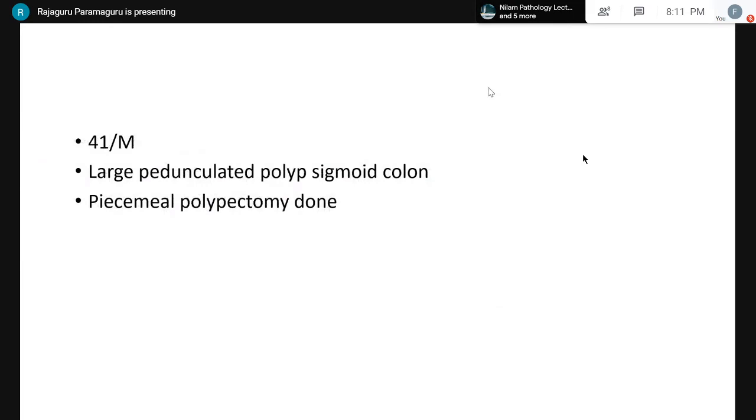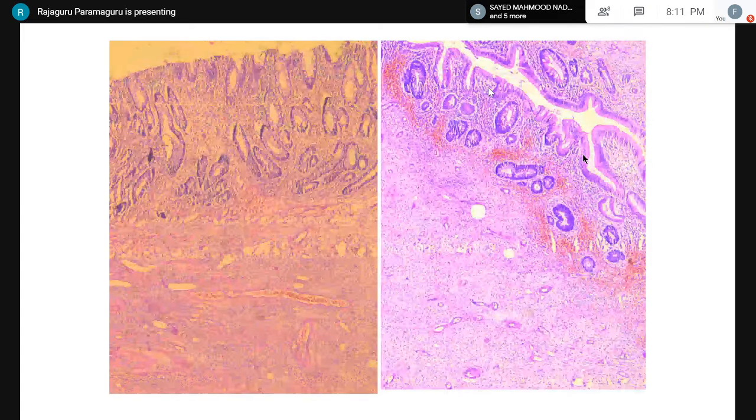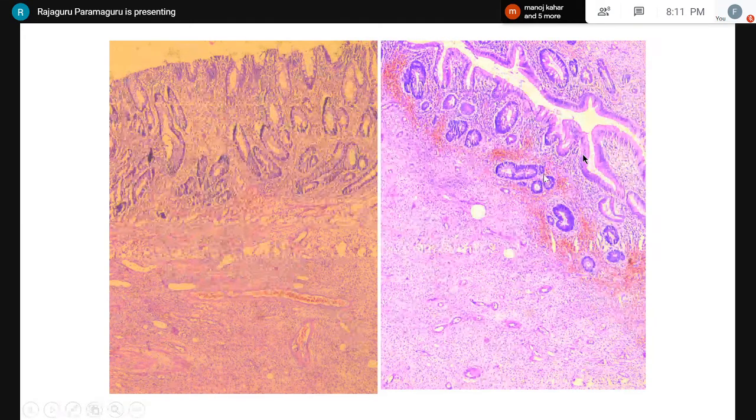Then I'm going to show a case of a 41-year-old male with a large pedunculated polyp in the sigmoid colon. Piecemeal polypectomy was done. This is the low power histology of that case, where you see the colonic epithelium and lamina propria to be completely normal, and submucosally we are seeing a lesion which is rich in vascularity.